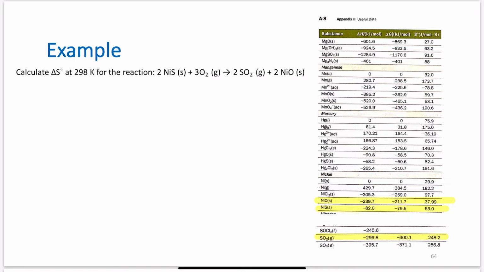So NiS, and we are looking for S specifically here. So this is 53.0 joules per mole K. O2, because I somehow forgot to copy that part in the table, and I apologize.